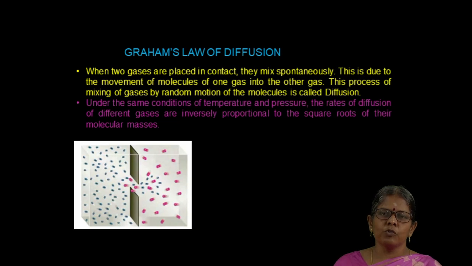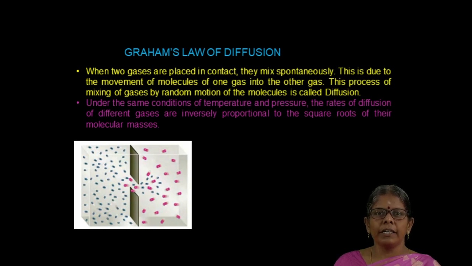How these molecules move, and mass is the determining factor. If a gas molecule has high mass, then it moves slowly. Therefore, its diffusion rate is slow. If a molecule has low molecular weight, then it can diffuse at a faster rate because its rate of movement is very high. As it has small mass, it has the ability to move faster.